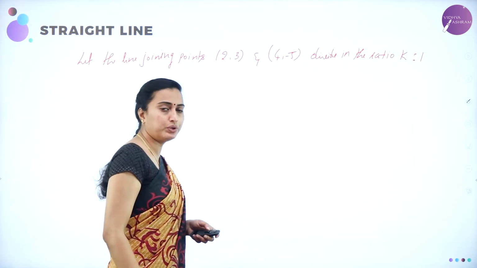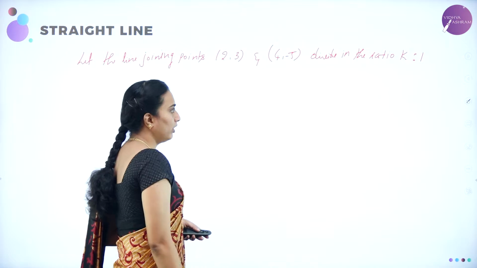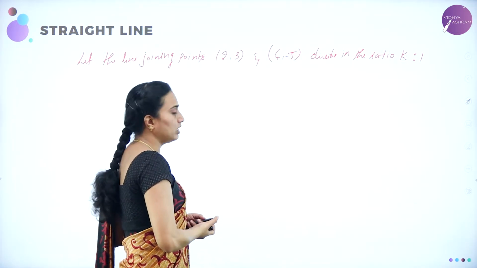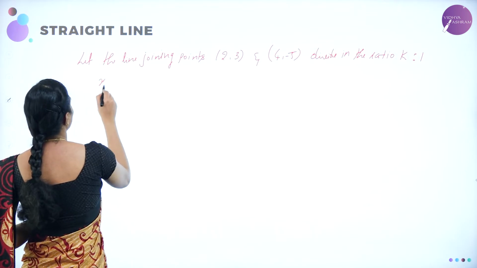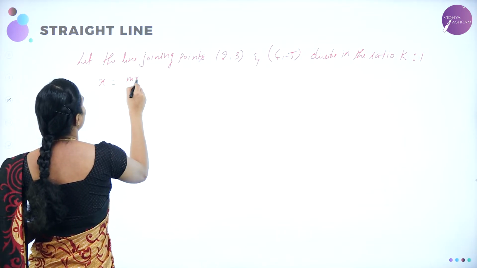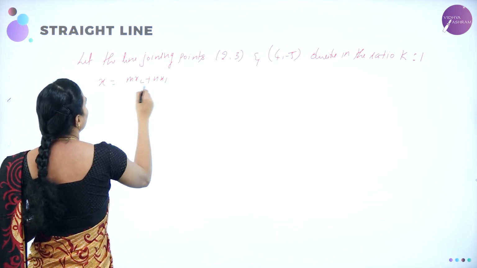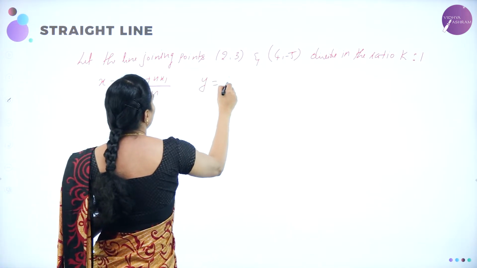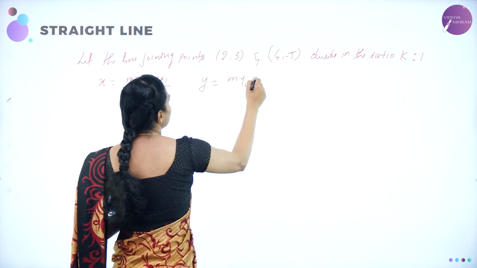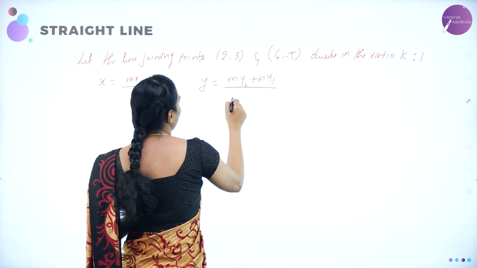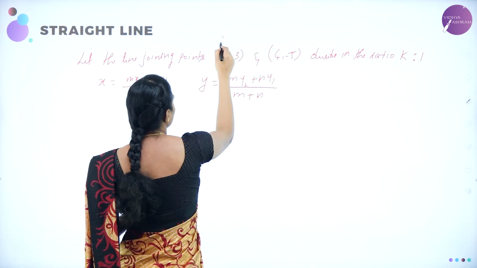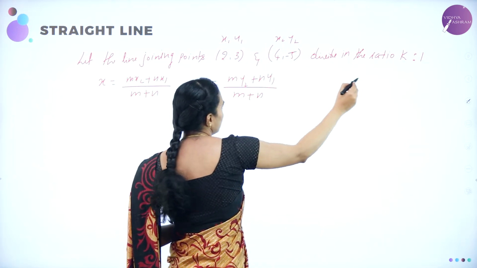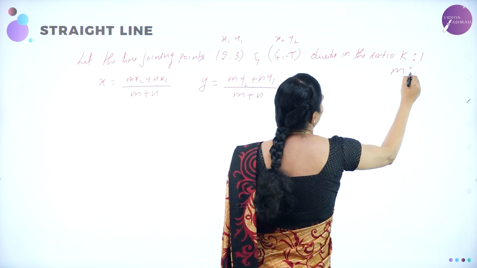So therefore you can equate that, k is to 1. The condition is that x will be equal to (mx2 + nx1)/(m + n). Similarly, the y coordinate will be (my2 + ny1)/(m + n), where this is x1, y1, this is x2, y2, and this is m is to n.